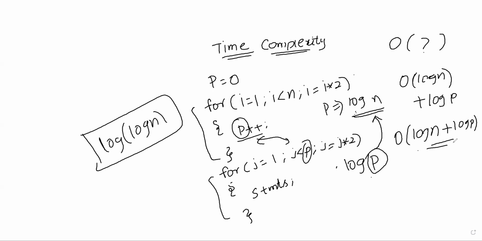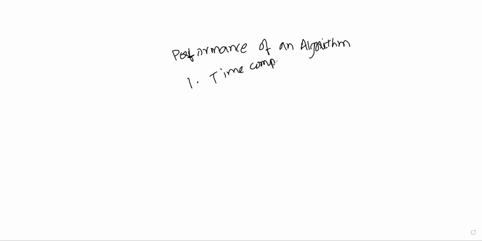Okay. Clear. Okay. So fine. Performance of an algorithm. Right now we are looking into the performance of an algorithm, right? Performance of an algorithm can be calculated in terms of two things. One is time complexity. The other one is space complexity.